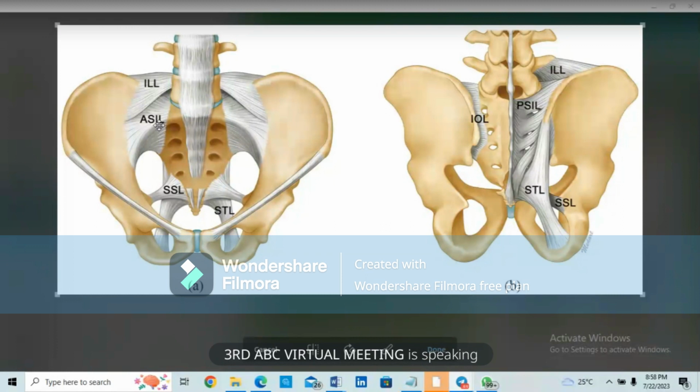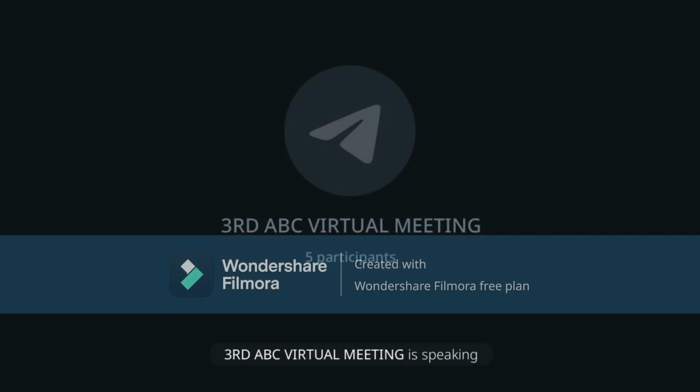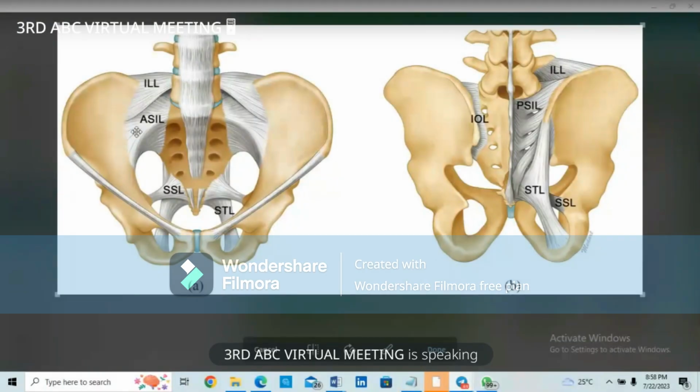You have the anterior, you have the intermediate or the interosseous, and then you have the posterior. So this is the anterior sacroiliac ligament. Then you have the interosseous, which is not visible here, but it's found deep here. Then this one you see here is the posterior sacroiliac ligament.